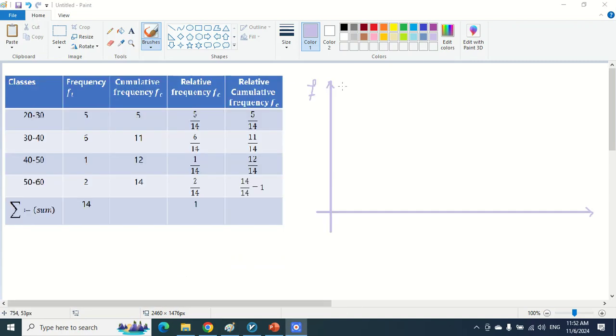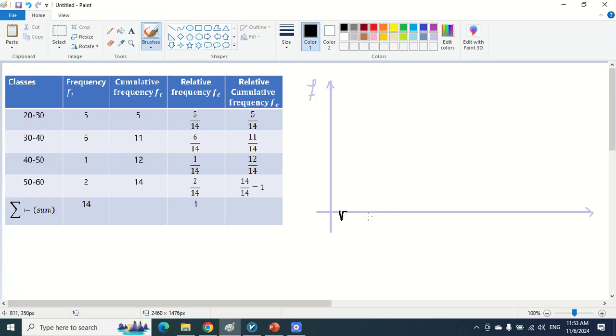Another thing that remains to discuss is how to sketch or plot the diagram for the given data. Let us assume that this frequency table is given. To sketch the histogram, we put one gap at the beginning of the x axis to show that the data does not start exactly from zero.